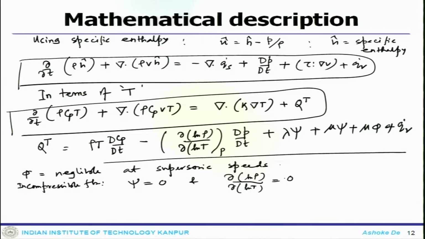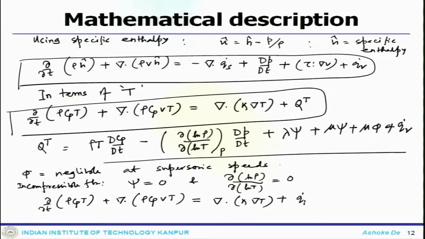So, this equation boils down to a simplified form: del/del t of rho Cp T plus del dot rho Cp V T equals del dot K del T plus Q dot V plus rho T dCp/dt. So, that is nothing but my Q_T. Okay.